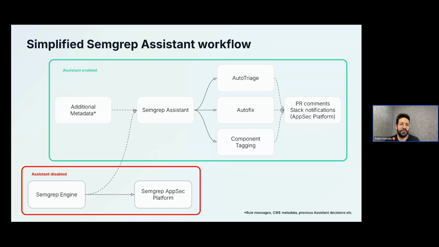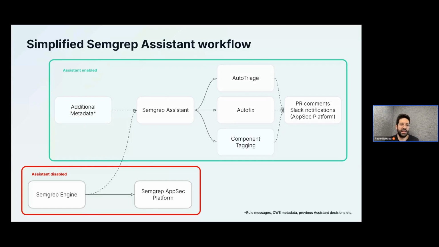First of all, a simplified diagram of how Semgrep Assistant works. You can see at the bottom in the red outlined box how Semgrep is working without Semgrep Assistant enabled. As you can see, it does not have to be part of the Semgrep workflow if you choose for it not to be.